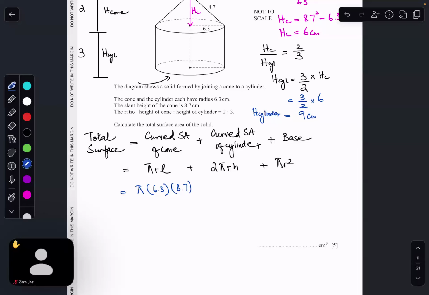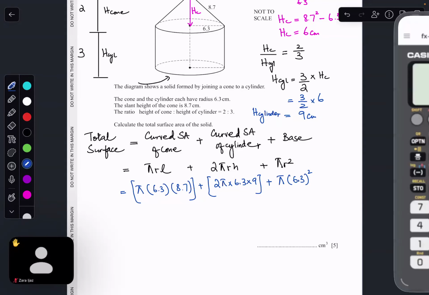Okay, this plus 2 pi times r 6.3 times h. What is the height of the cylinder? 9. Okay. Plus pi r square 6.3. So you can plug in using brackets. You can calculate this as a whole in calculator. Okay, using brackets.